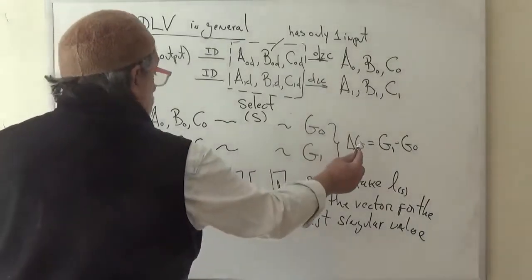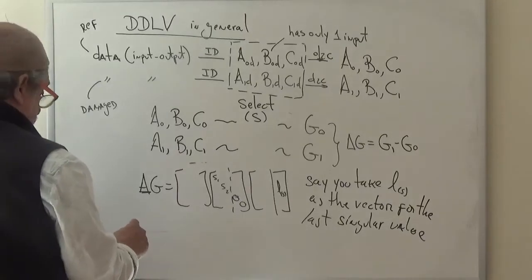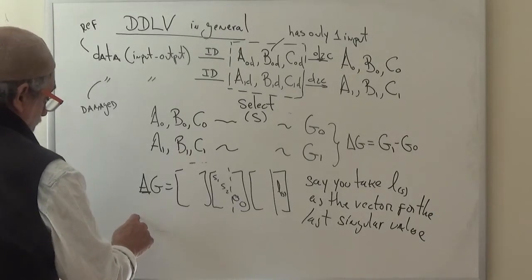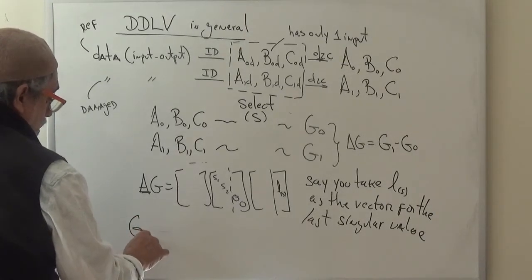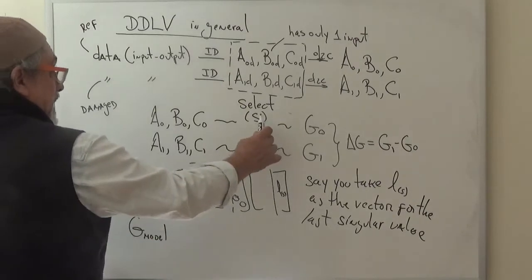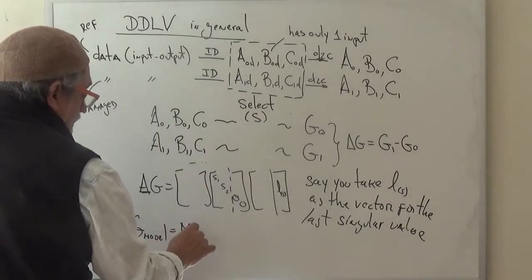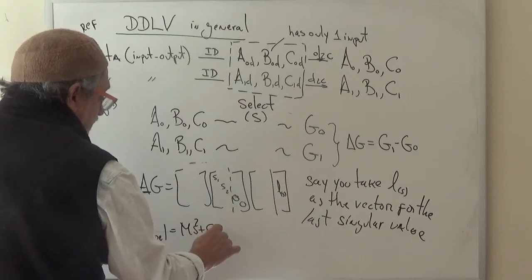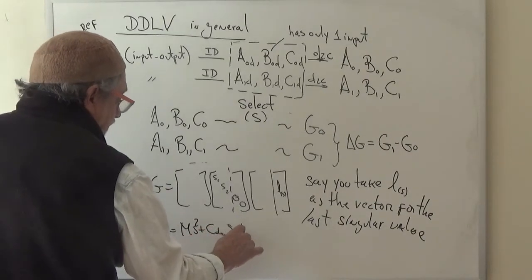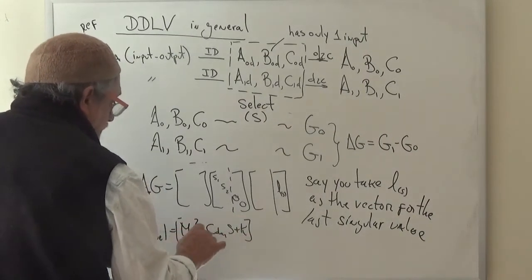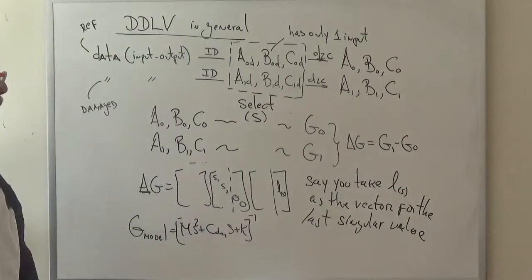Then you calculate G of the model at the selected S value as (M S squared plus C damping times S plus K) to the minus 1. So that's your G model.